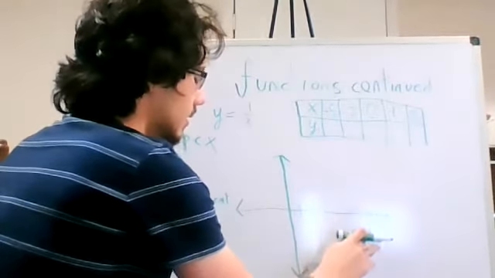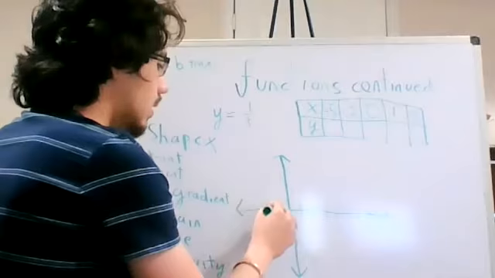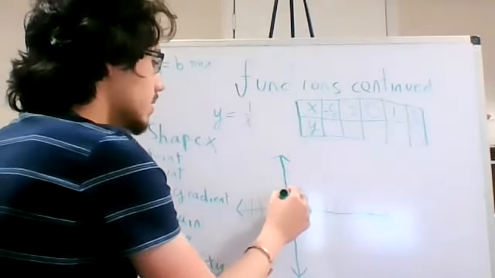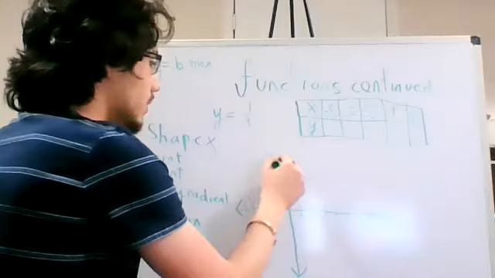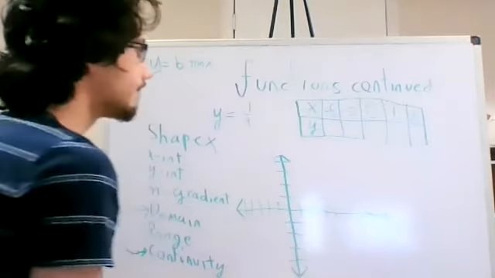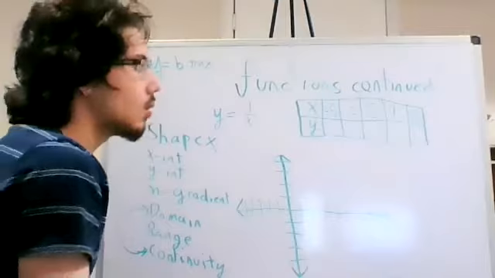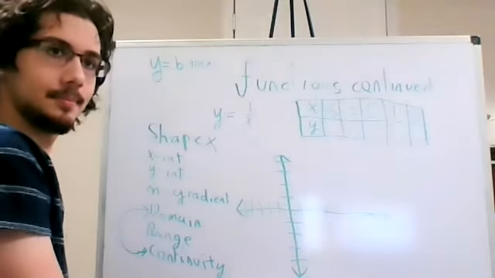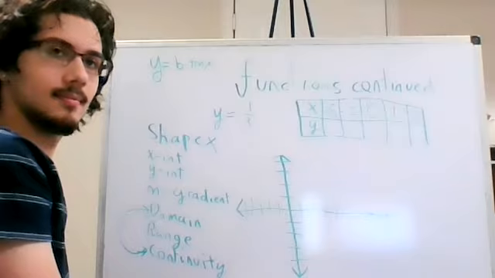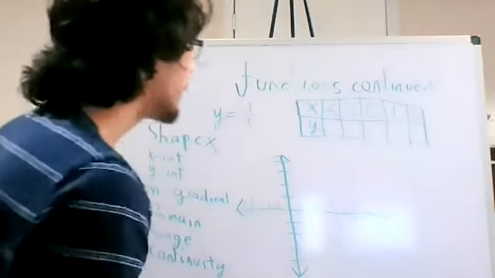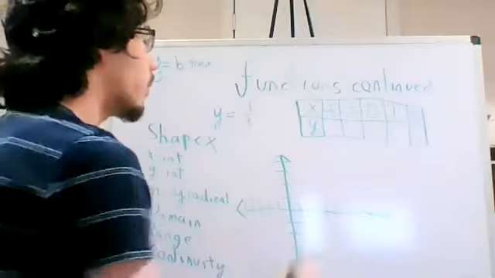Okay. 1, 2, 3, 4, 5, and we'll give ourselves some y values. 1, 2, 3, 4. So which one of these would you like to start off with first? 1. Okay, good. So let's start off with 1.